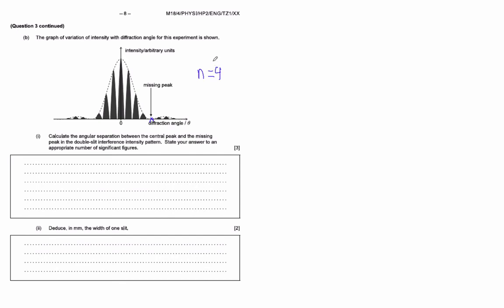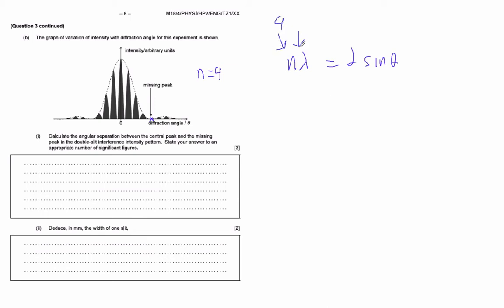So what they're trying to say is, what is the angular separation between the central peak and the missing peak? We can do this, and there's a lot of ways to do this. But n lambda is d sine theta. We can do that. And we can say that this is our 4th order.